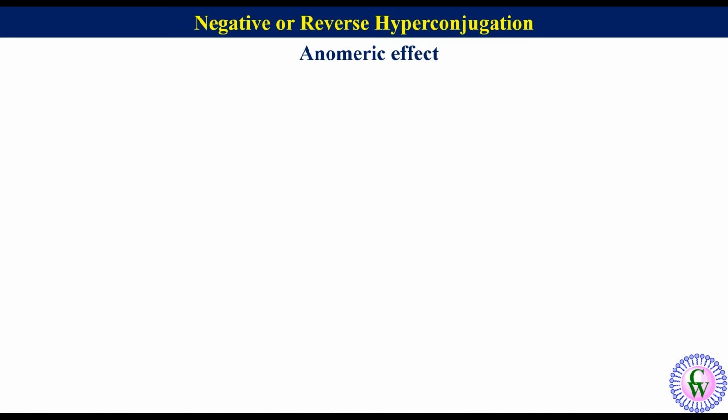In the case of tetrahydropyran bearing an electronegative substituent at position 2, which is also called the anomeric carbon, the substituent prefers the axial position.